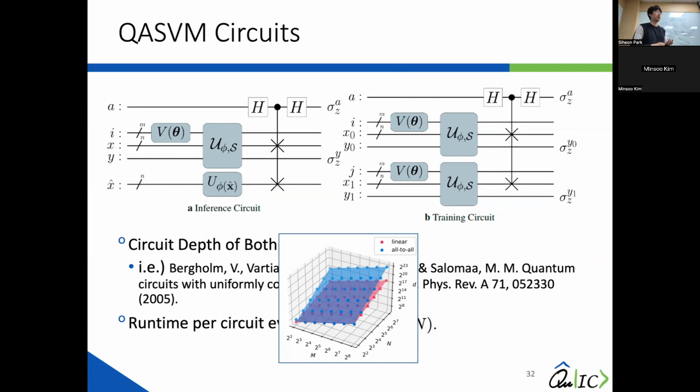What is the input for X0? Oh, this is just indexing numbering.